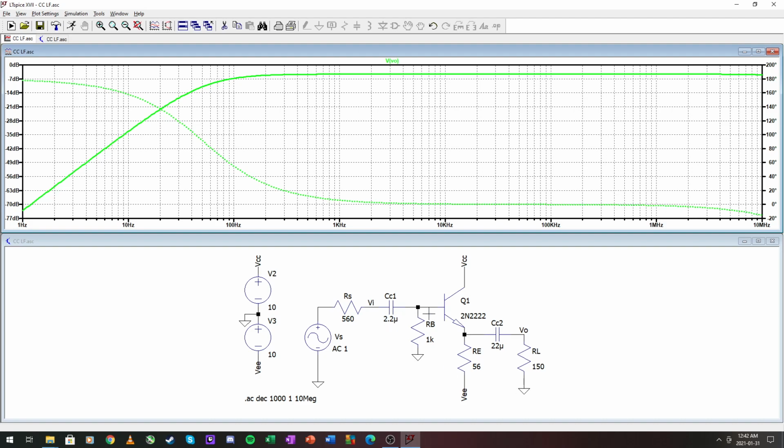And since the input impedance of this one was designed to be about 1 kilo ohm, 1.56 is very close to the 1.45 that we had, and would have also worked out quite fine. But yeah, that is the common collector, and that is analyzing and designing low frequencies for our different BJT amplifiers.